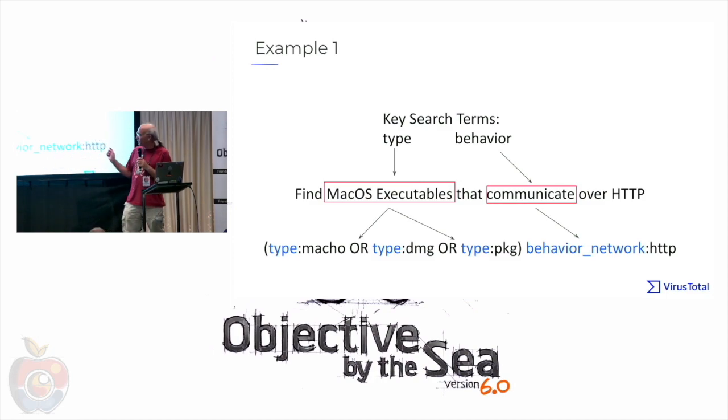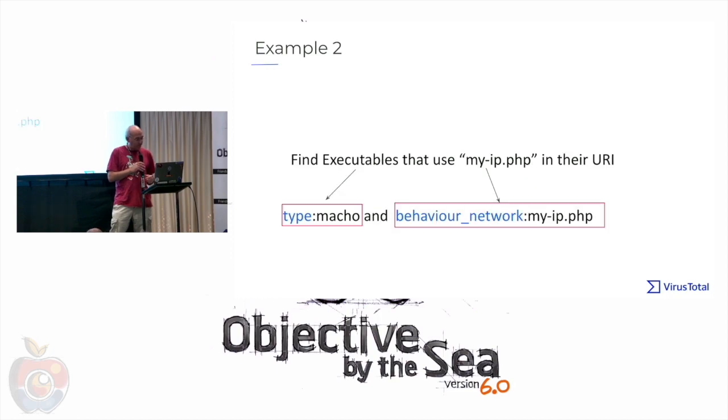This is the behavior network search in the sandbox data, or the network traffic data, of how it communicates. Another example would be searching for a Mach-O which also communicates to a known URL path. You could do that with the behavior network as well.